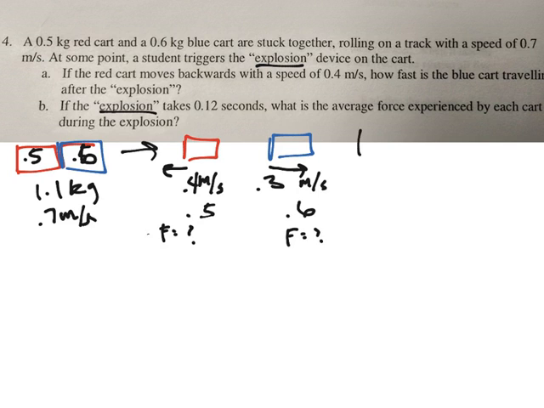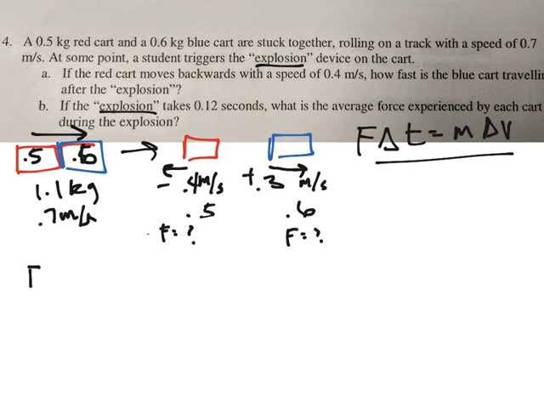That'd be the force times the delta T is equal to the mass times the delta V. So remember, these carts were going this way, so you can think of that as a positive, which means this velocity backwards is negative, just like this one would be positive. So we need to fill out this equation for both of them.